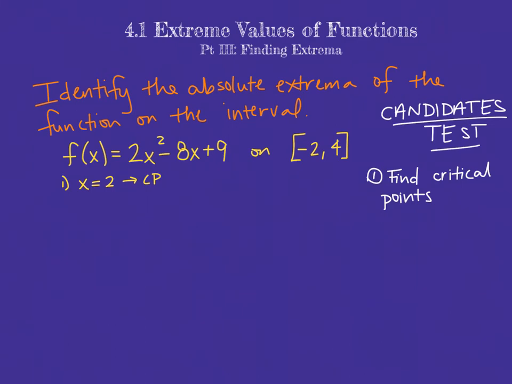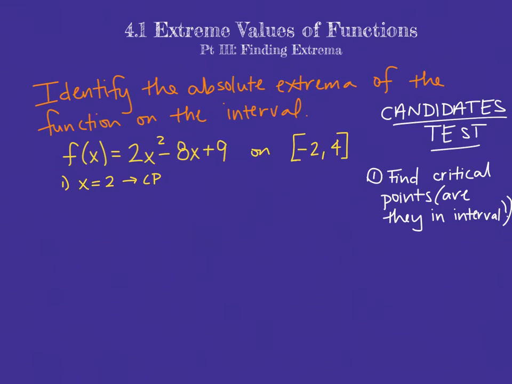Since we are working only on the interval from -2 to 4 inclusive, meaning it includes those endpoints, we want to ensure that our critical point, or points if we had more than one, are on that interval. Is 2 in this interval? Yes, it is.